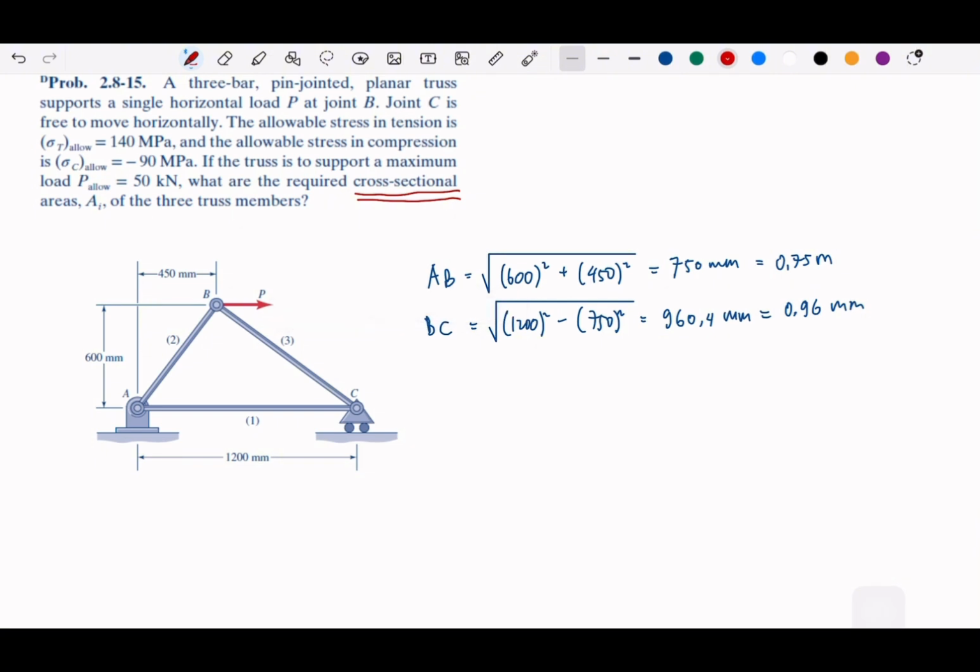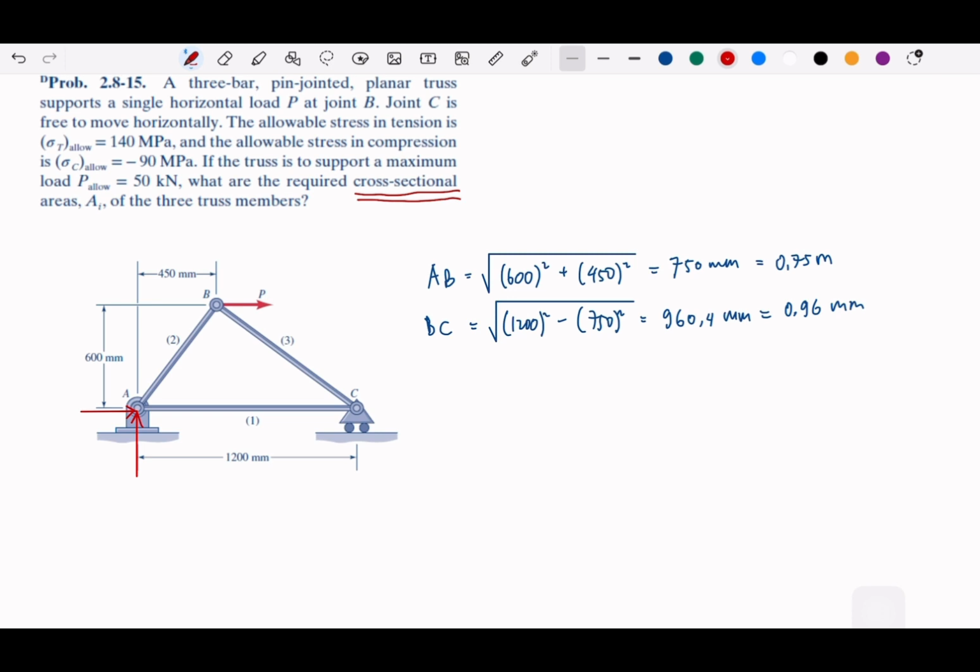Okay, so to get to know that, we need to know the reaction forces. At A, suppose that we have something there, and let's say we have a direction to the right, but I expect the horizontal will go to the left.